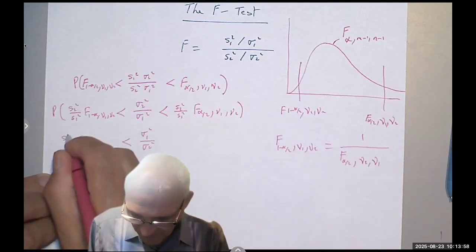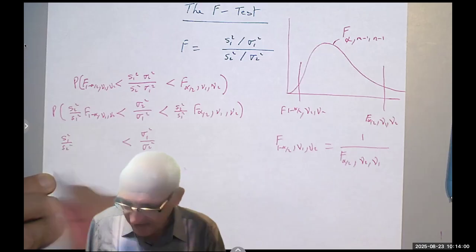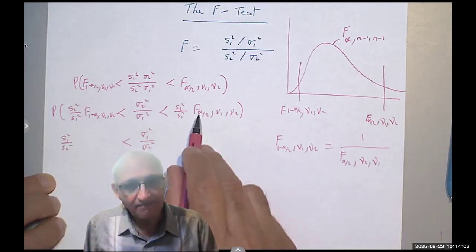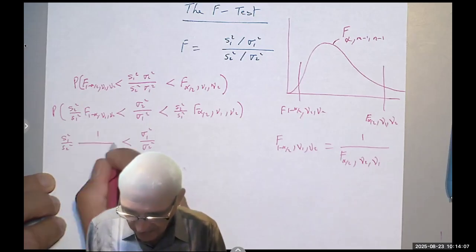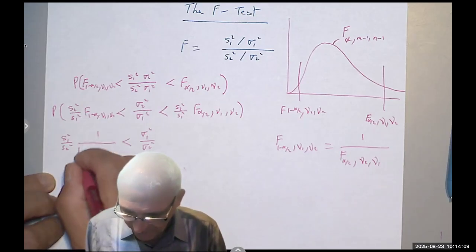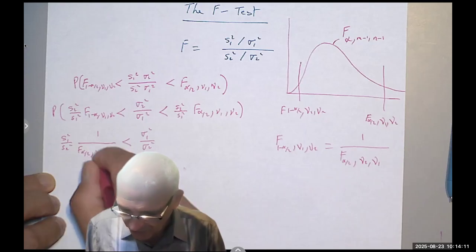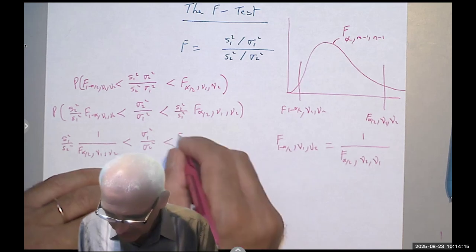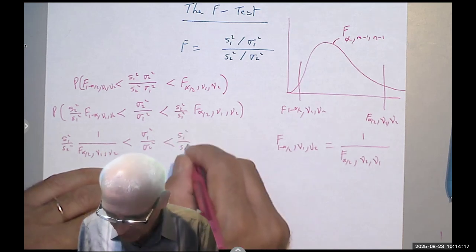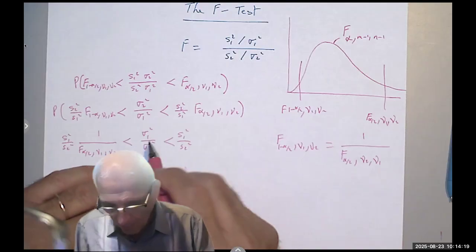which is s1 square over s2 square divided by f of alpha over 2, nu1, nu2, and it's less than s1 square over s2 square times 1 over that.